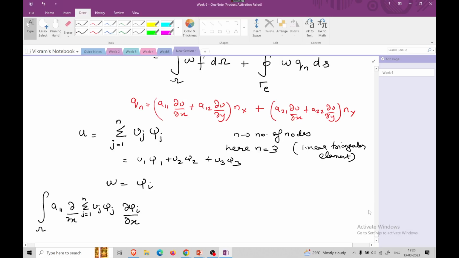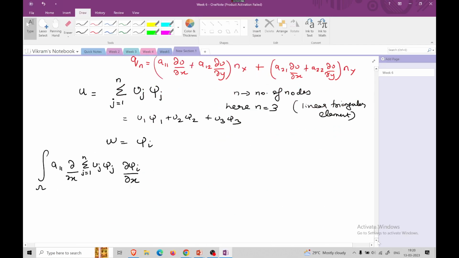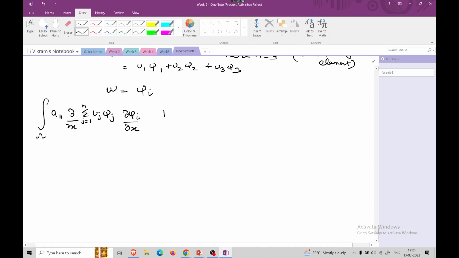So w is psi I. So if I substitute both, here dou u by dou y and dou w by dou x, then a12 into dou by dou y of summation j is equal to 1 to n uj psi j, and my dou psi I by dou x is going to remain. Is it correct? Yes.